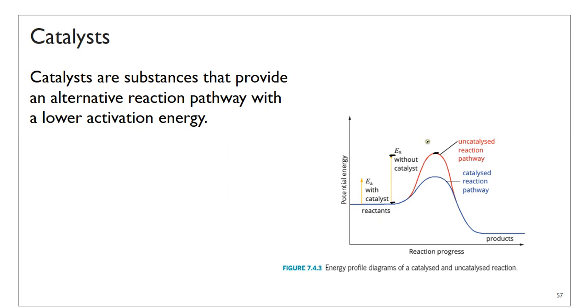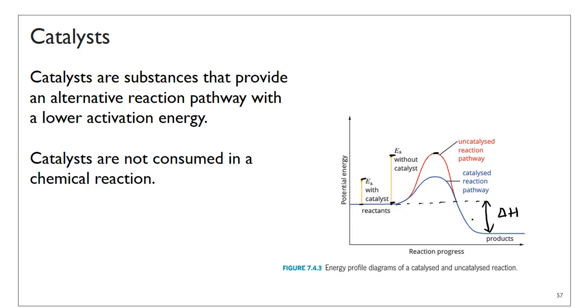However, if there is a catalyst, it provides an alternative reaction pathway and the activation energy is a lot lower, so the peak that you need to reach is a lot lower. I do want to point out that using a catalyst is not going to change the amount of energy that is either absorbed or released overall. So the delta H of a chemical reaction remains the same, regardless of whether you use a catalyst or not, as represented in this diagram.